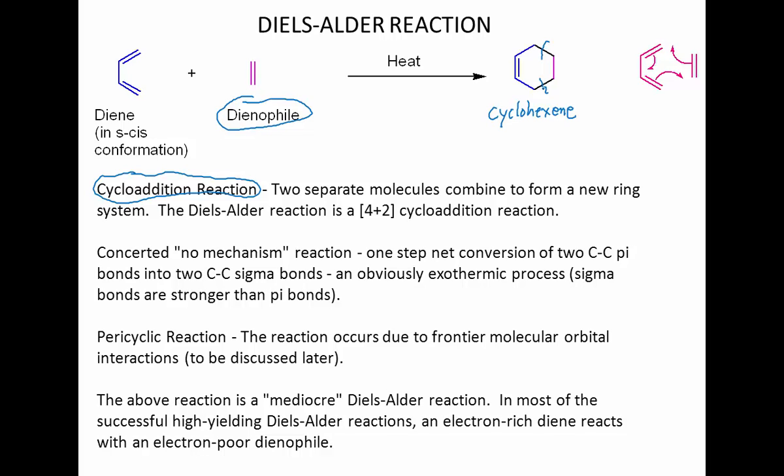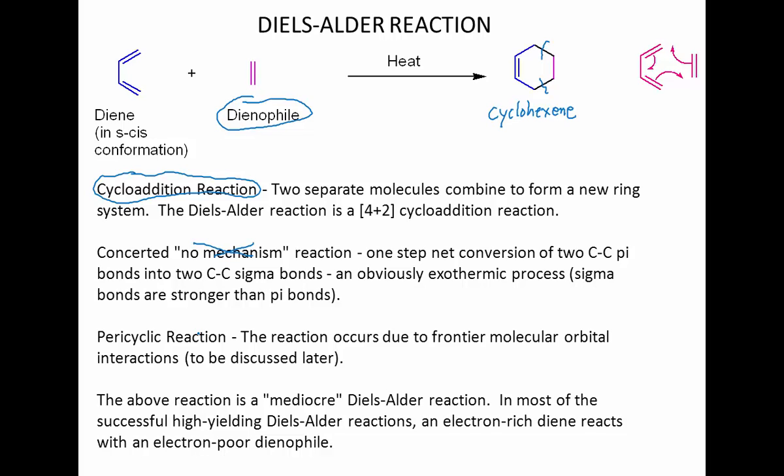Of course, remember, sigma bonds are stronger than pi bonds. Okay, this type of reaction, we're going to look at the mechanism. Actually, we're going to see that it does have a mechanism. It's called a pericyclic reaction. It occurs because of frontier molecular orbital interactions. Okay, and we're going to discuss the reason for that later.